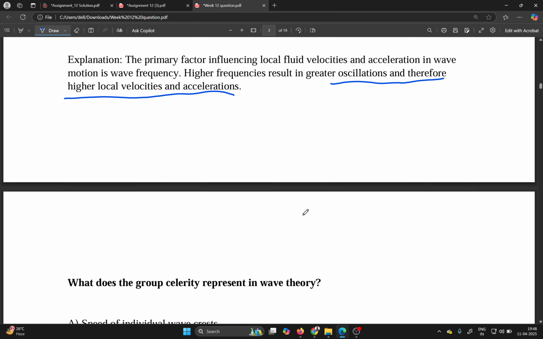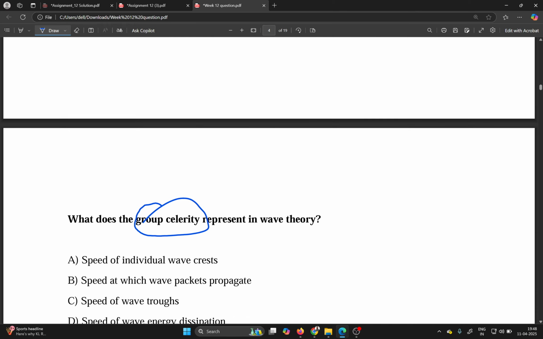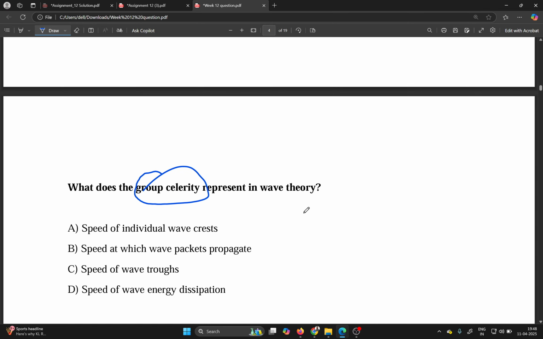Next question is, what does the group celerity represent in wave theory? Group celerity we are talking about here. Speed of individual wave crest, speed at which wave packet propagates, speed of wave troughs, or speed of wave energy dissipation.